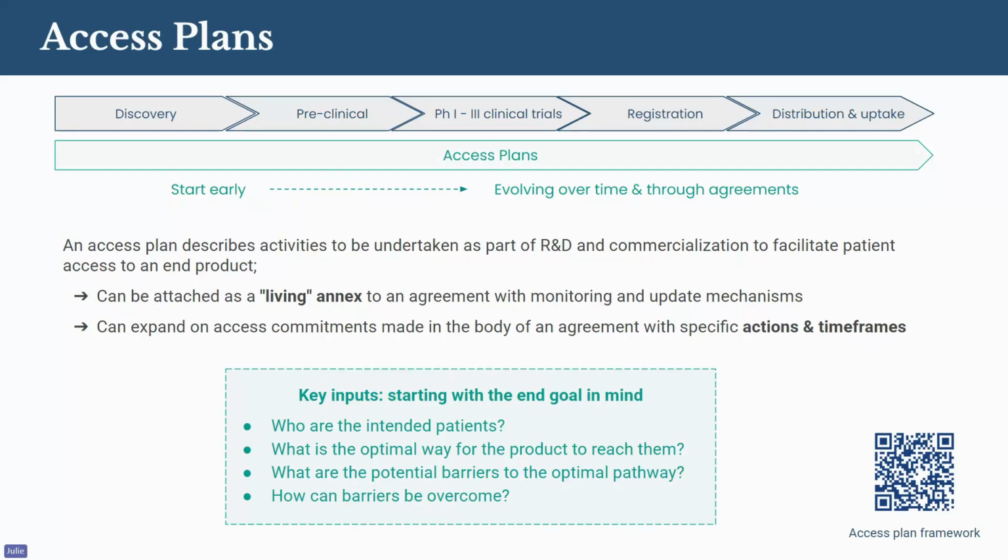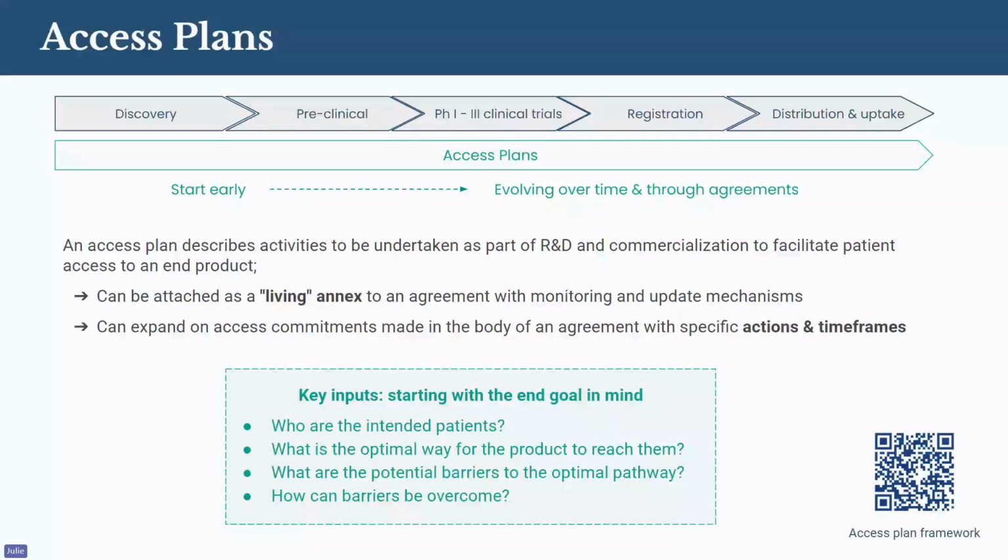Access plans have been widely discussed lately for a number of reasons. But let me start with the general purpose of an access plan, at least as we see it. It supports agreement access provisions by providing an evolving description of the development and commercialization activities that support patient access to an end product.